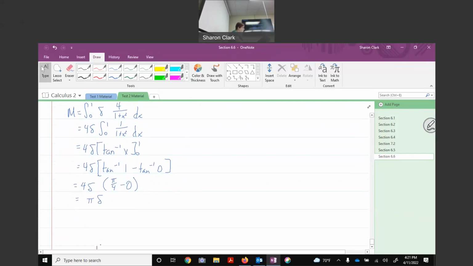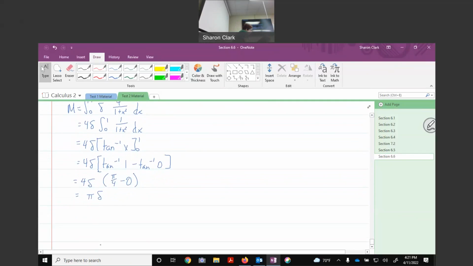Now, since it's symmetrical about the y-axis, y bar equals 0.